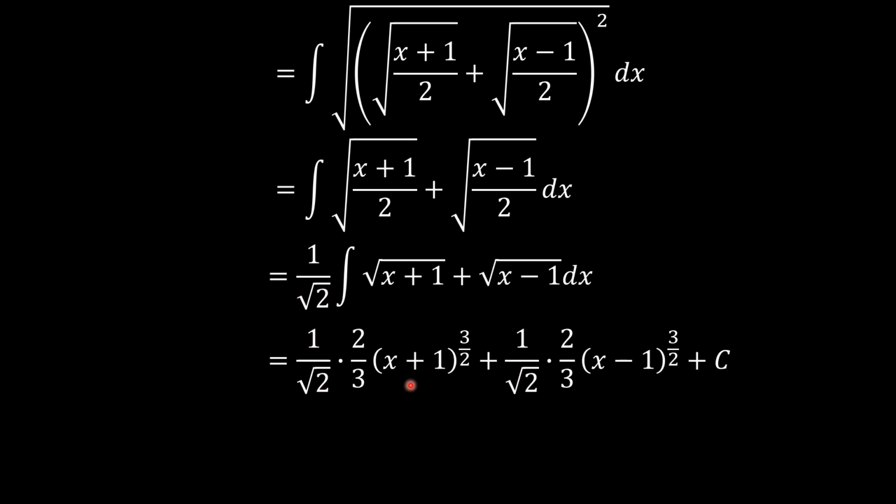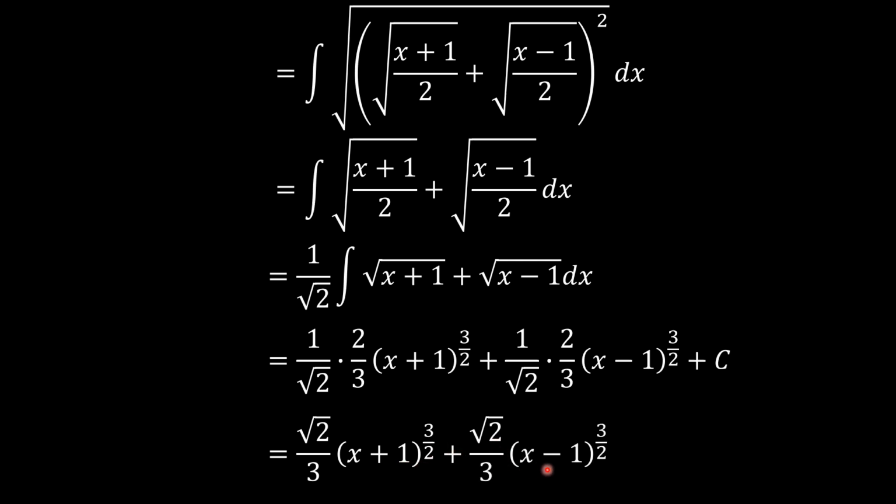When you simplify this, it becomes root 2 over 3 times (x plus 1) to the power 3 over 2 plus root 2 over 3 times (x minus 1) to the power 3 over 2, obviously plus the integration constant. And so that is how you may be able to solve these problems. There are two methods. I believe the expression here and the previous expression are similar. The difference could just be a constant.